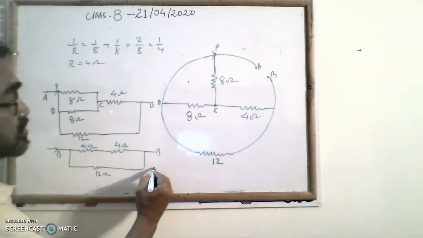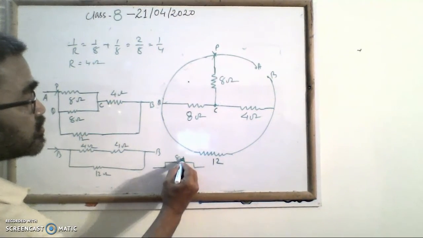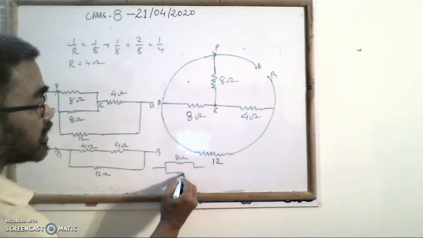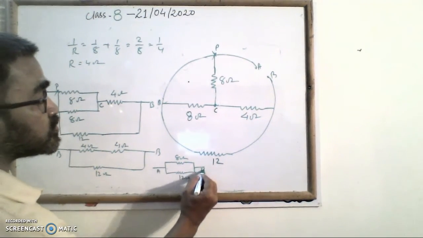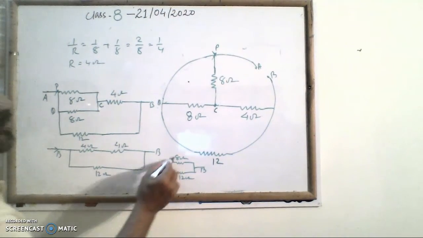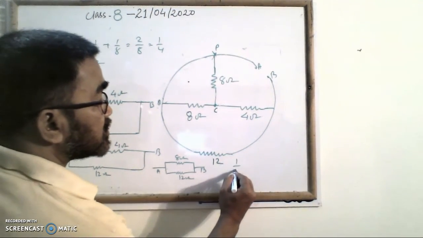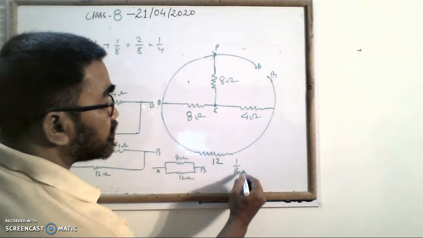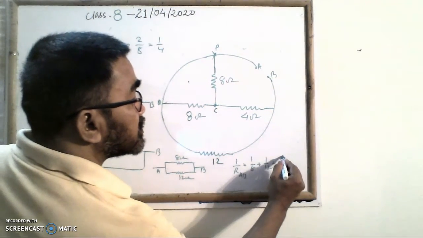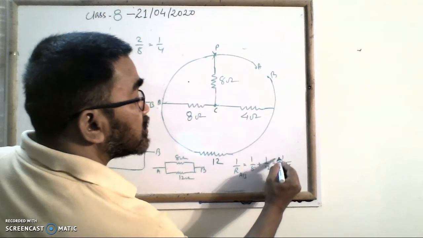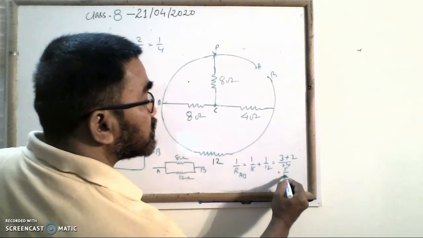So the final modified circuit will be 8 ohm combined parallelly with the 12 ohm resistor. This is 12 ohm. This point is A. This point is B. So you have to find out the equivalent resistance between A and B using the parallel relation: 1 by RAB is equal to 1 by 8 plus 1 by 12. The LCM is 24. This is 3 plus 2, it is 5 by 24.